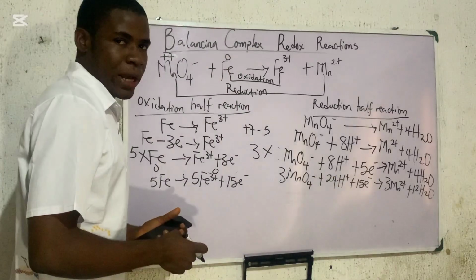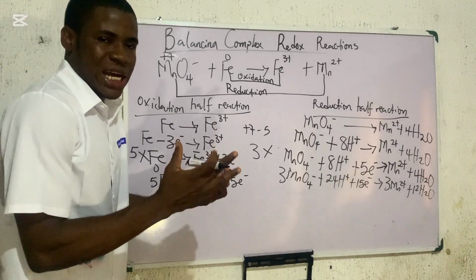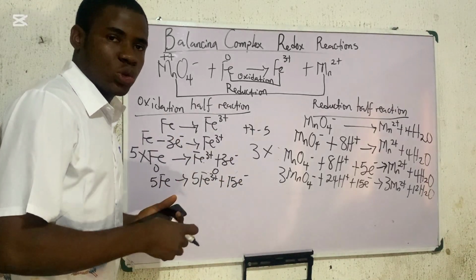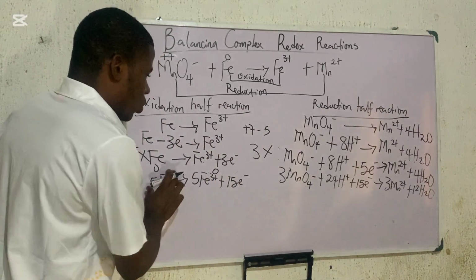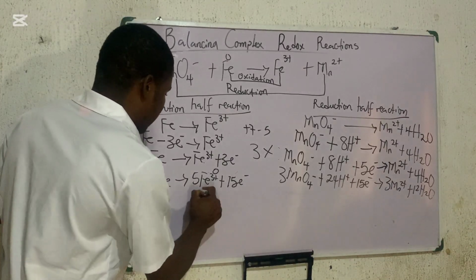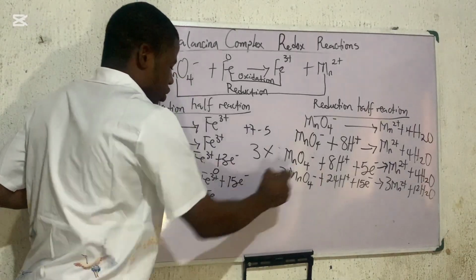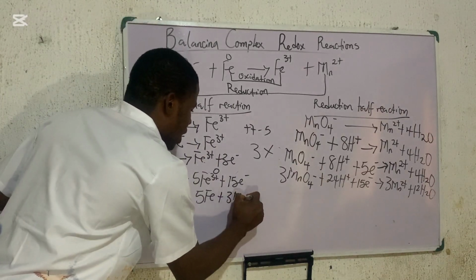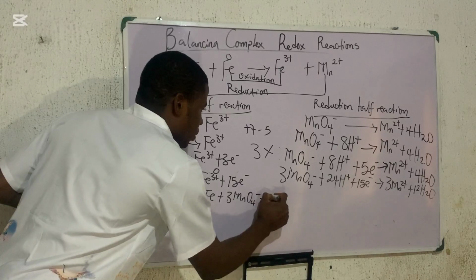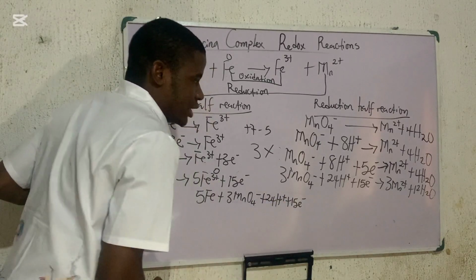Now I need to join them together. That's all the reactants come together and all the products come together. The reactants on the oxidation side, I have 5 Fe. The reactants on the reduction side, I have 3 MnO4 minus plus 24 H plus 15 electron.